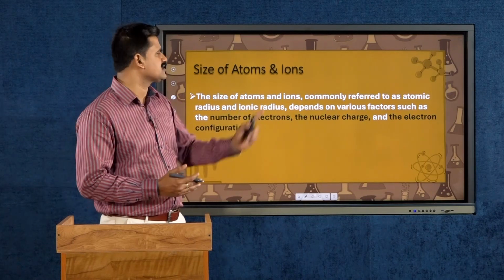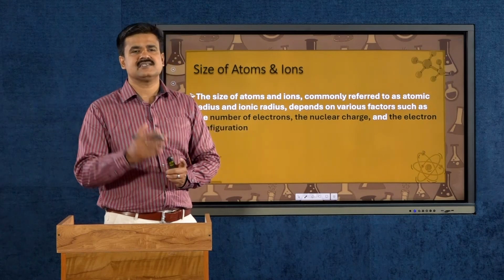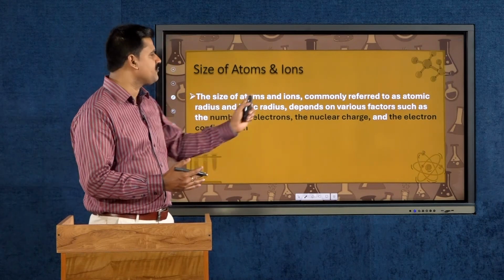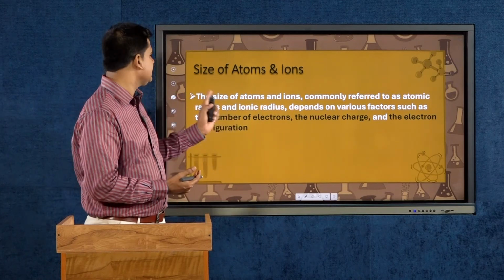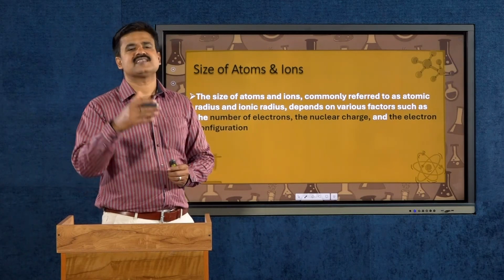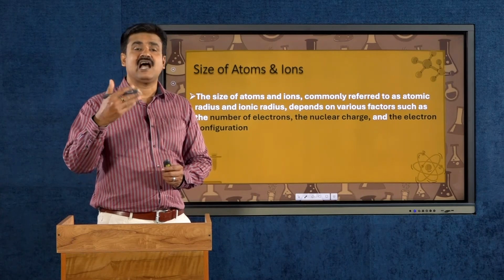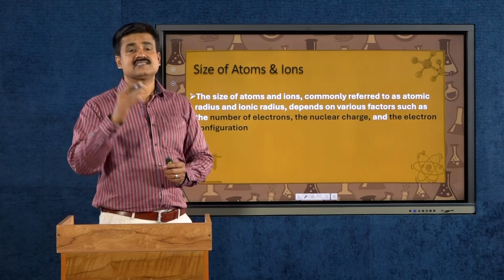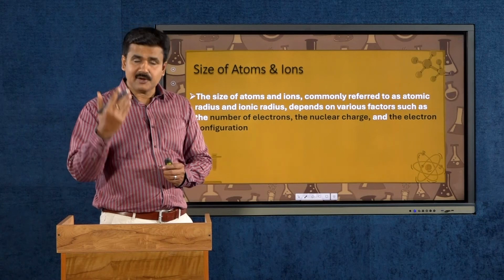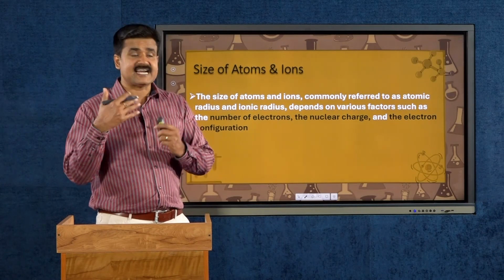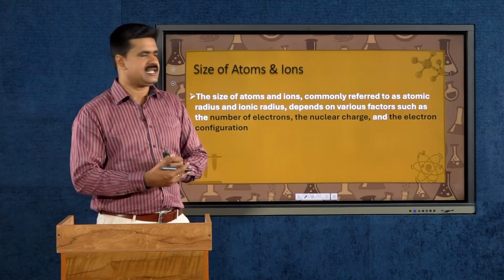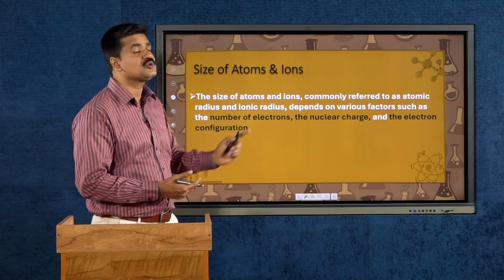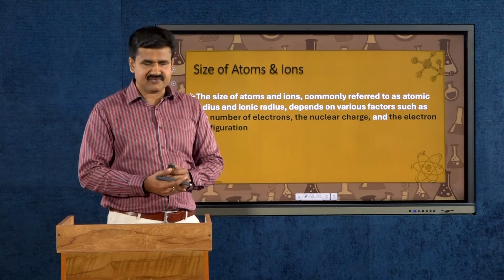And this depends on various factors such as number of electrons, the effective nuclear charge, and electronic configuration. So, size of atom governed by atomic radius, size of ion governed by ionic radius have some close connection with the parameters like number of electrons, effective nuclear charge, and electronic arrangement or electronic configuration.